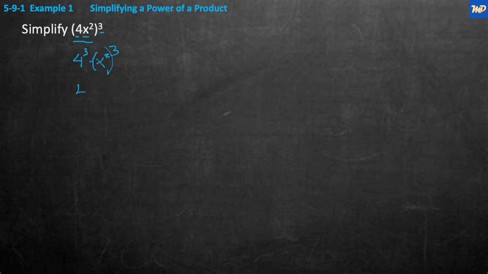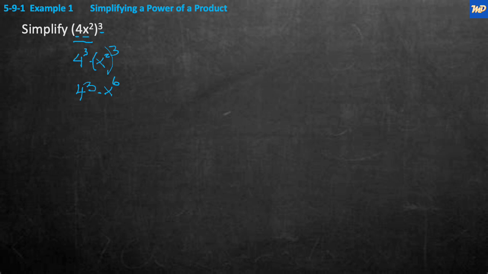Okay, so now those are broken apart, and now we can take it one step further. We have 4 cubed times x to the 2 cubed. And we know from previous slides that a power raised to a power is multiplied, so x to the 2 times 3 is x to the 6th power.